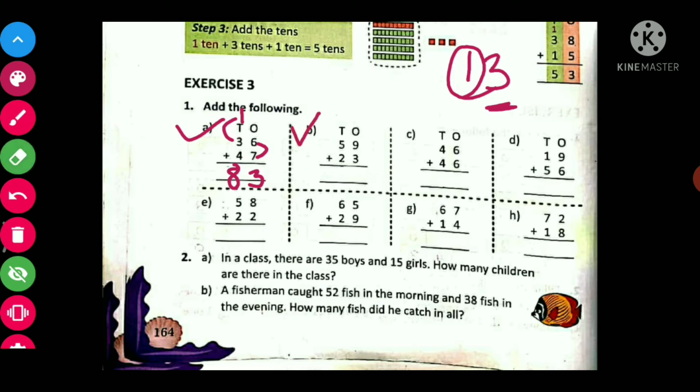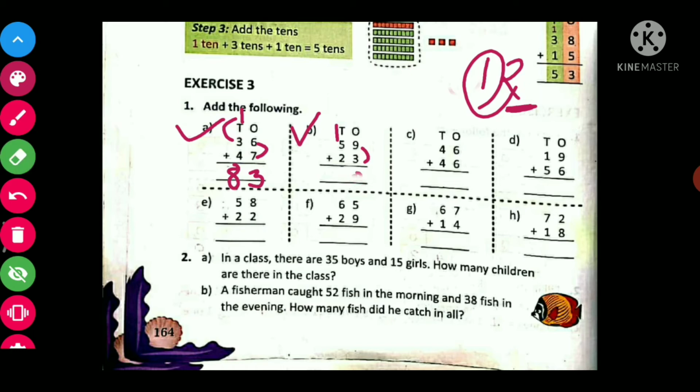Now see, 9 plus 3, it will be how much? 12, right? So now we'll write 2 here and we'll give this one to the tens place.